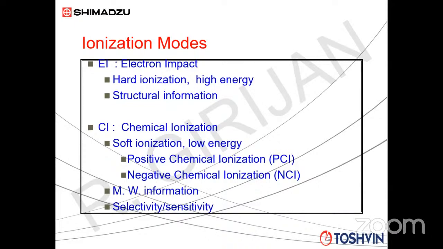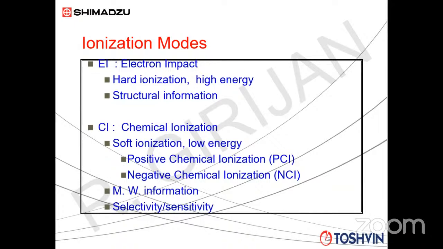Very hard ionization technique, very high energy involvement is there. At the same time, you'll also get structural information or qualitative identification from electron impact ionization. And many of the people are doing qualitative identification. That is why electron impact ionization is the most widely used ionization technique, and that's the reason why it is given as default. So it will come along with the equipment.